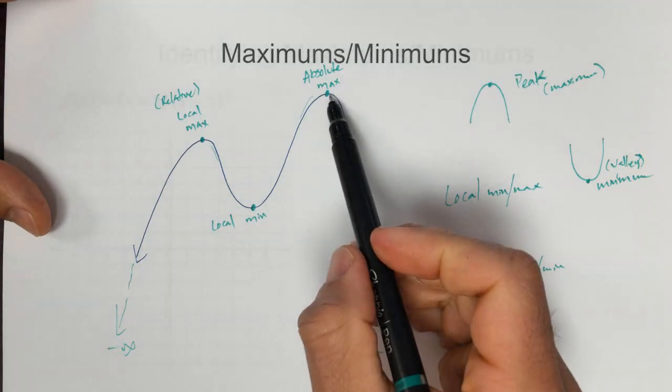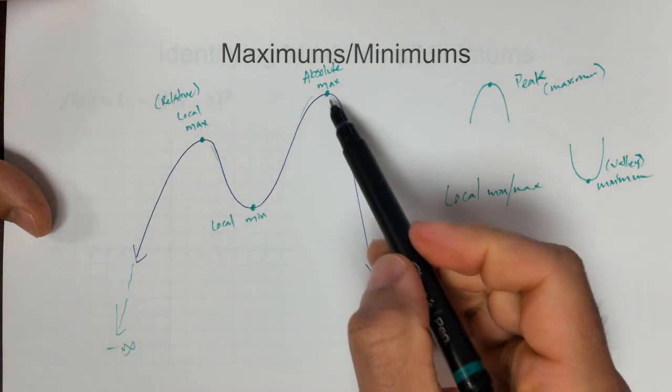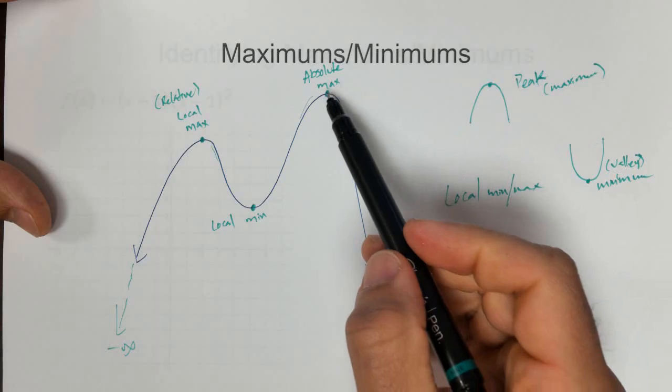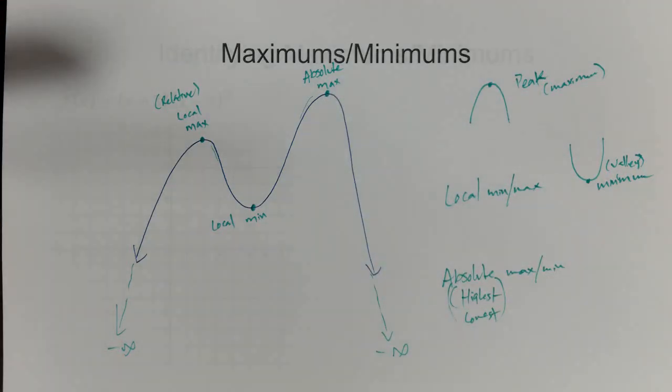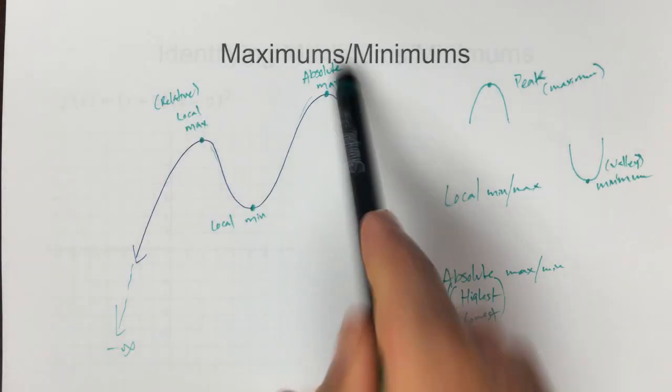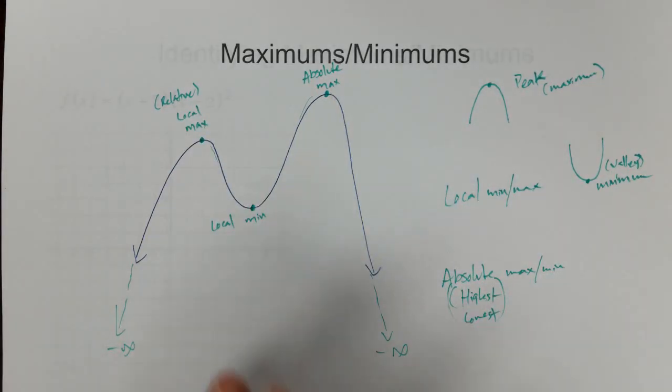Like here, there's no point higher above it, so we call it the absolute maximum point. And we'll do several examples so that you can see the difference between these. Our goal is going to be to identify these locations and to classify them as a maximum or a minimum. If it's the highest point, we'll call it the absolute maximum. If it's the lowest point on the graph, we'll call it an absolute minimum. So let's try some examples.